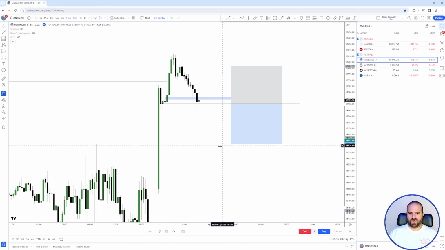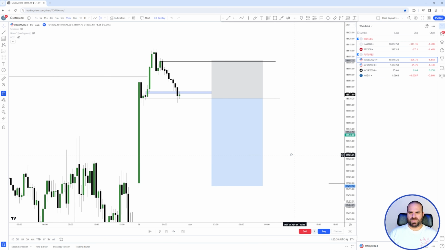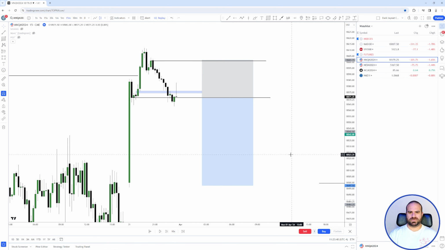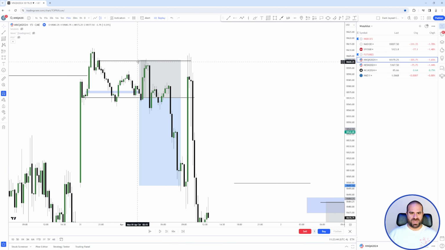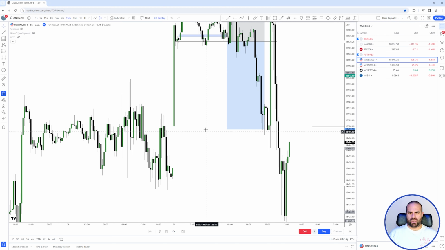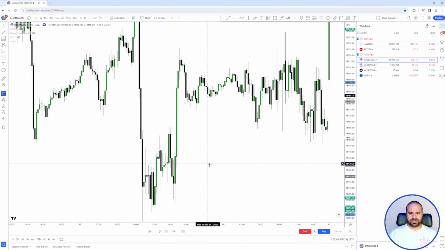I think this you would be losing, but this is the Asian session if I'm not mistaken. So let's see, yeah, this you would be losing with this stop loss, of course. This is a loss right here.